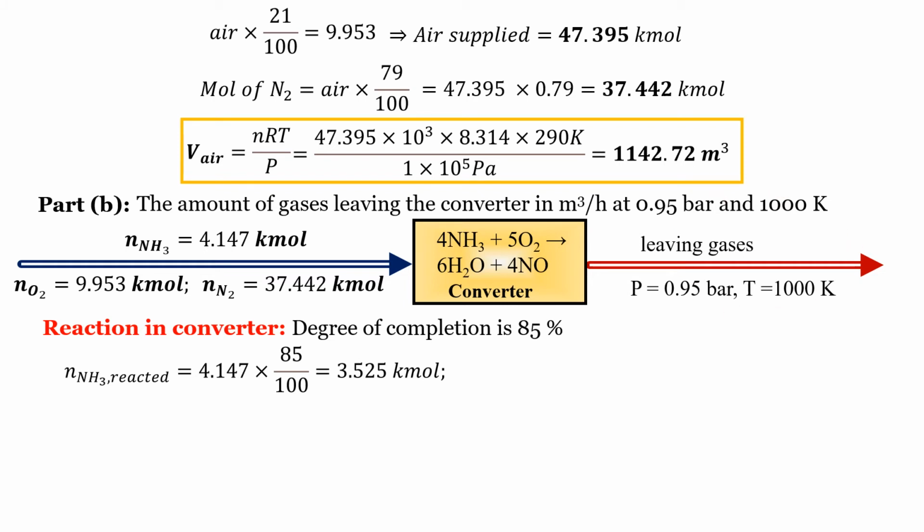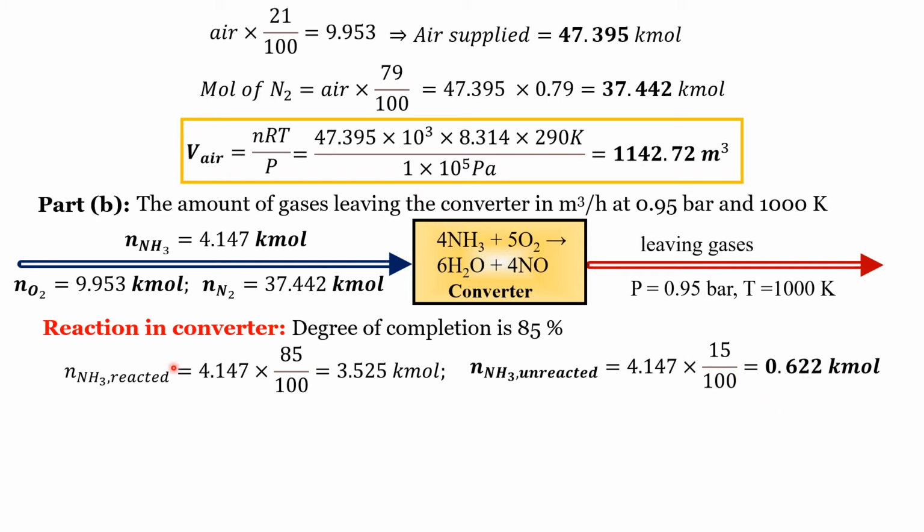So the moles of ammonia unreacted are equal to 15%. Or we can also calculate it: the total moles is 4.147 and the reacted moles is 3.525, so by taking their difference, we can also find the unreacted moles of ammonia.